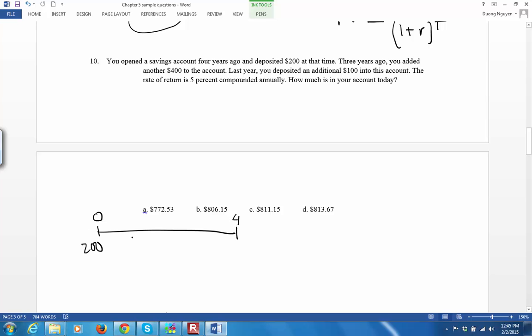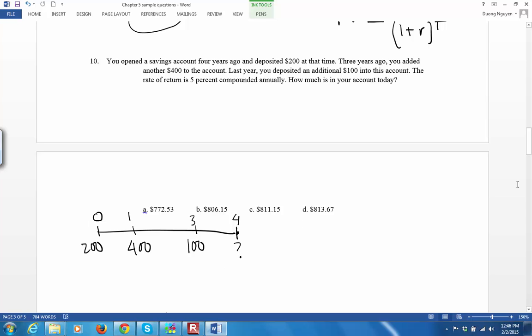Now 3 years ago you added another $400. And in year 3 you deposited an additional $100. If the return is 5% compounded annually, how much is in your account today, which is time 4?